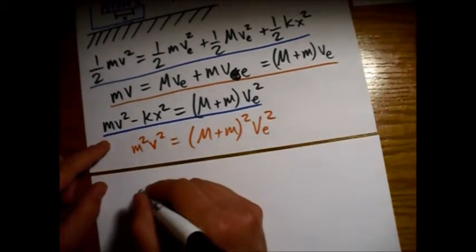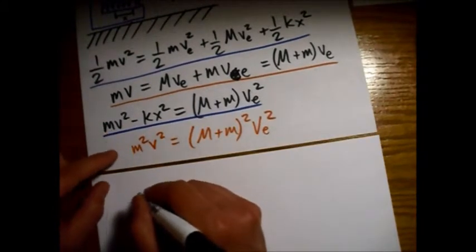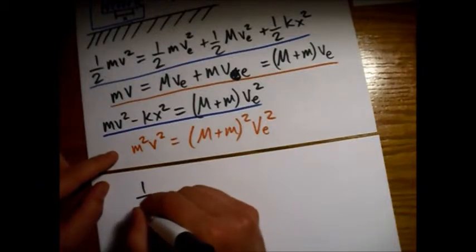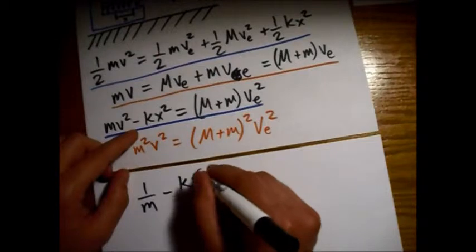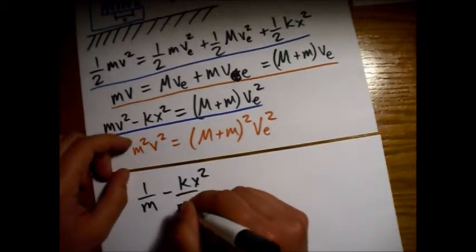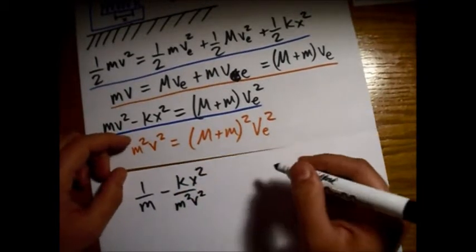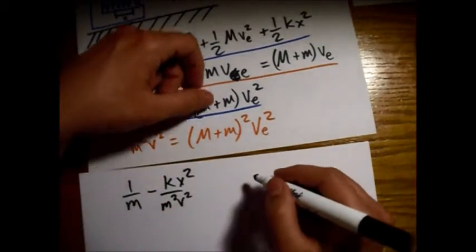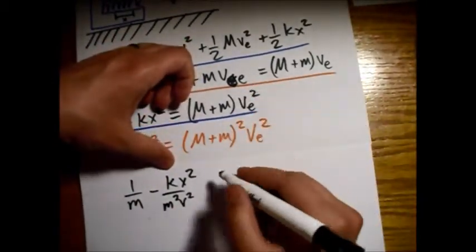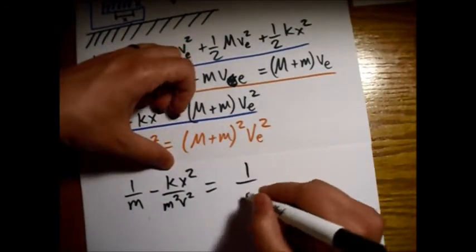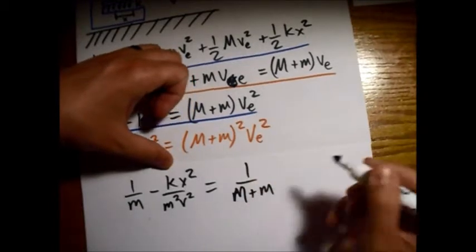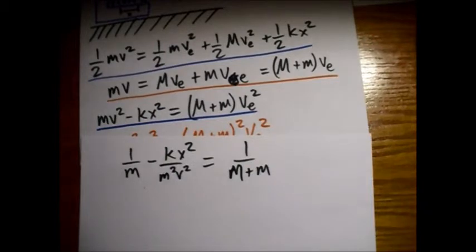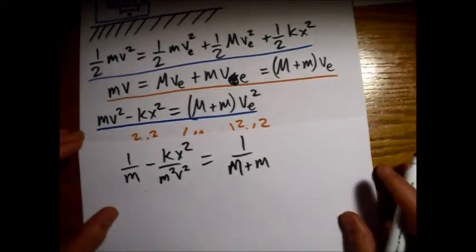If we divide this first term, we have a 1 over m minus k x squared over m squared v squared, and then these V sub E's will divide out. 1 over big M plus little m, like that.